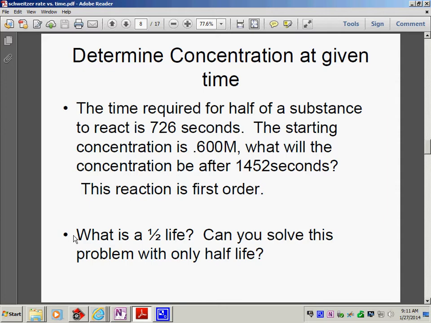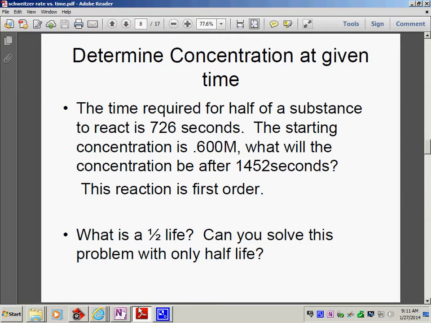So at this point, I would say, okay, this 0.6 would drop from 0.6 down to 0.3 at 726 seconds. And then at another 726 seconds, it would drop from 0.3 down to 0.15. That's just off the top of my head using half-lives.